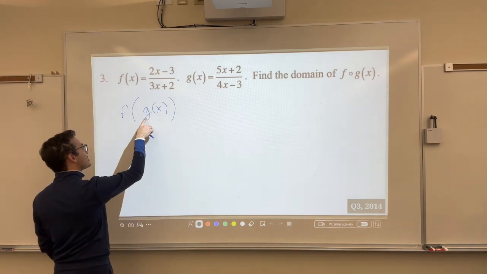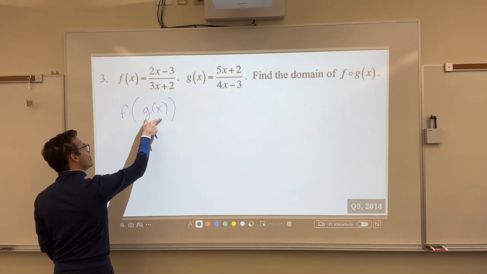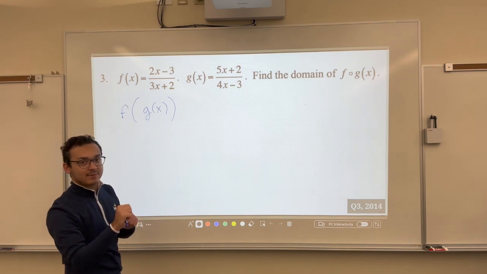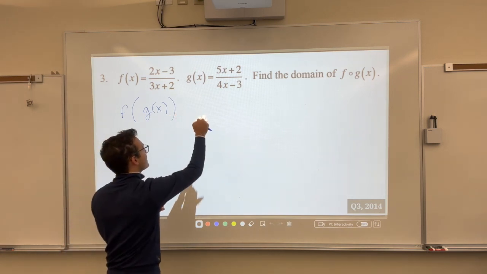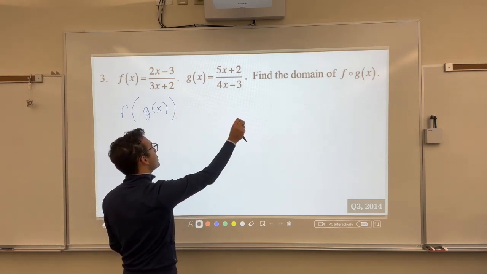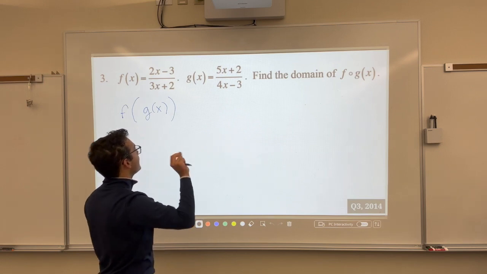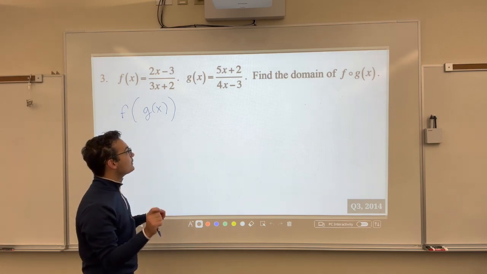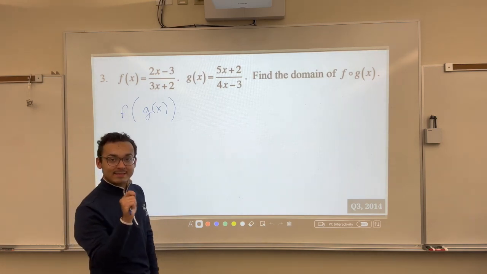So first, we need to start with g of x. If g of x is undefined, then we can't use those x values. So let's take a look at g of x. g of x is equal to 5x plus 2 over 4x minus 3. Now, most x values will be fine. That will result in a real number. However, the problem is we cannot divide by 0.